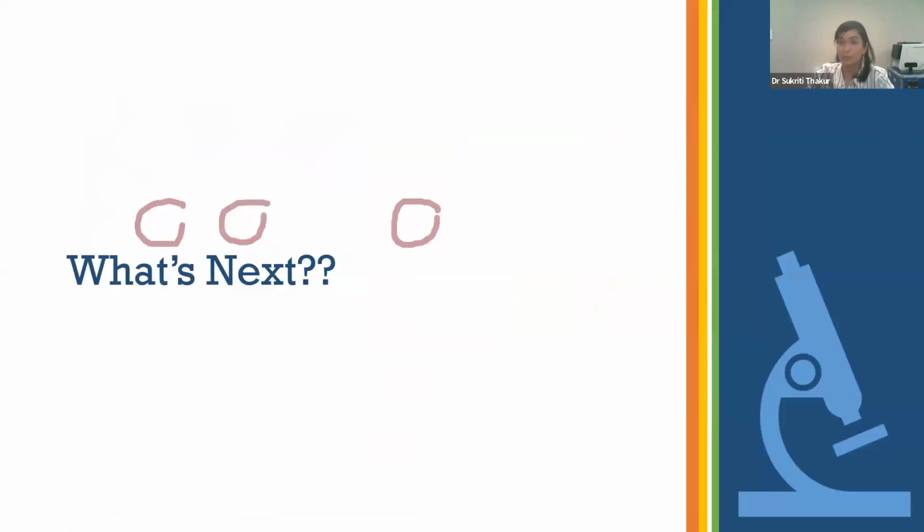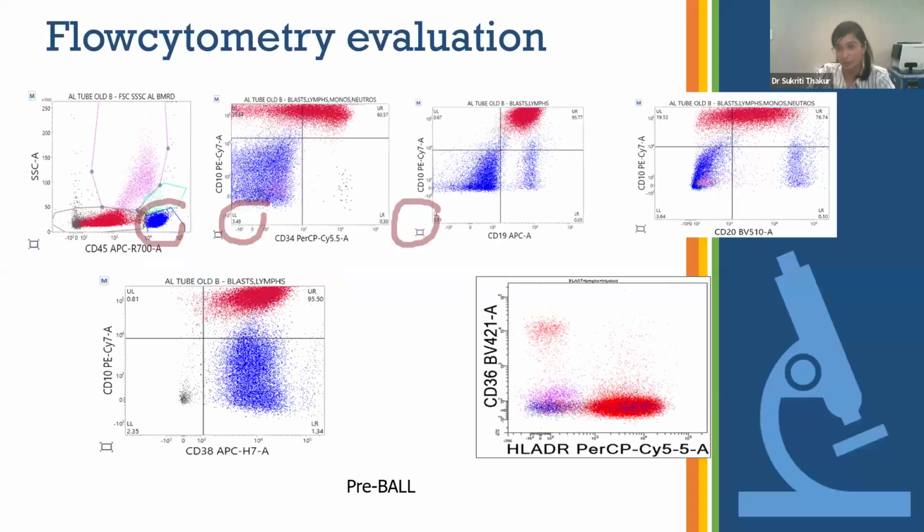Now what next? What will we do next to specify what type of leukemia it is? And here comes the role of the flow cytometer. So we added the specific cocktail which I have shown you, that acute leukemia panel, in this case.